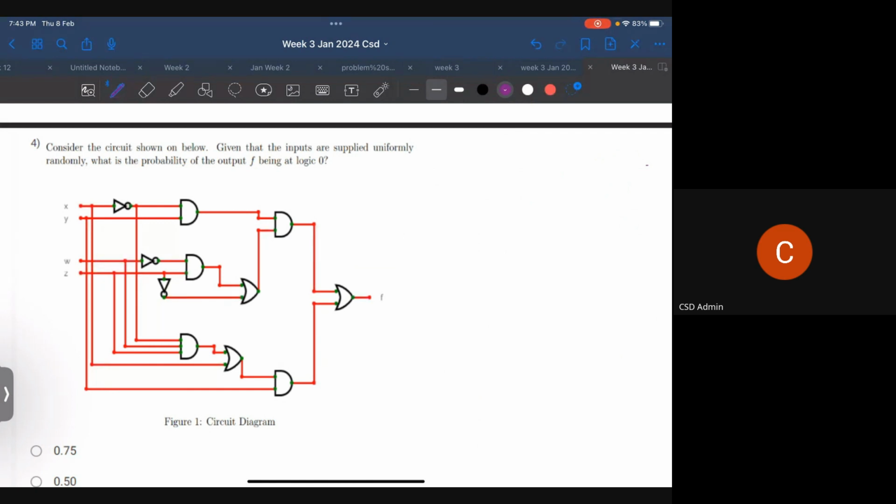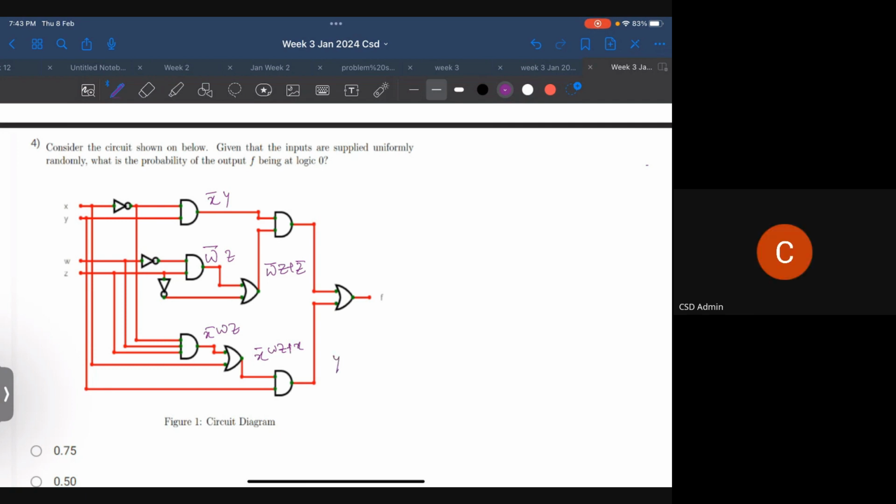So you can see that from this we will get x bar y. Now from this we will get y dash z dash, w bar z. Now here you will get w bar z plus z bar. Here you will get x bar wz, plus x.